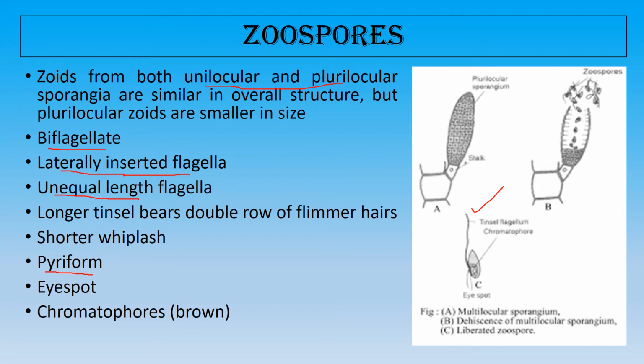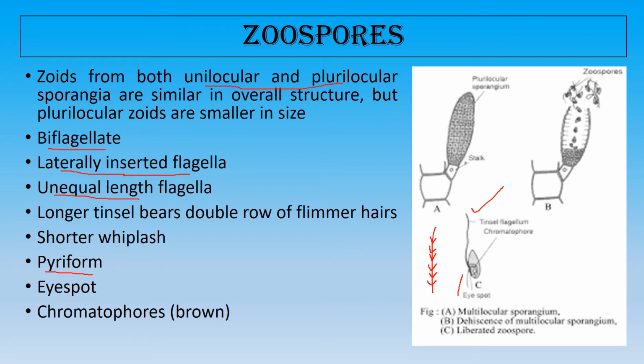zoospore with two flagella. The forward one is the tinsel type, which has a flimmer of hairs. This is the tinsel type of flagella with flimmer of hair in the front, forward, and this tinsel flagellum helps in the movement of the zoospore.